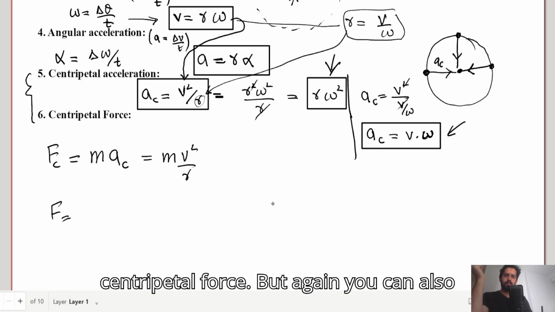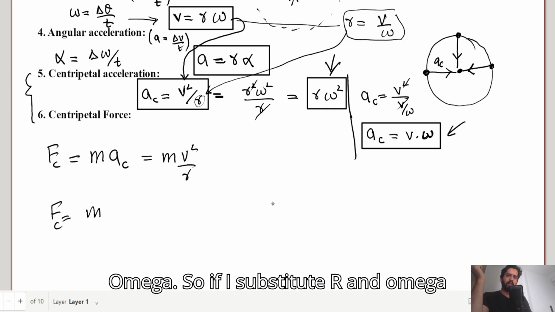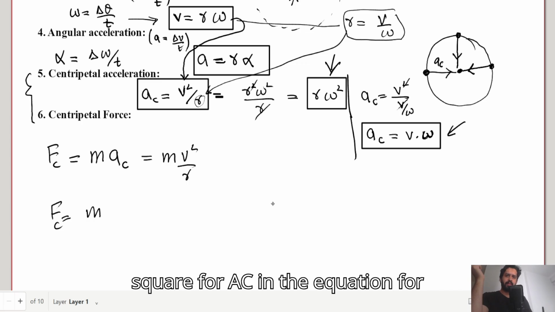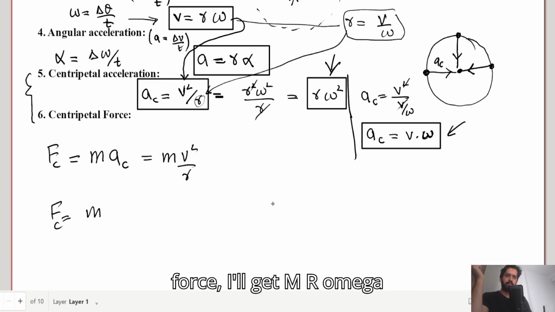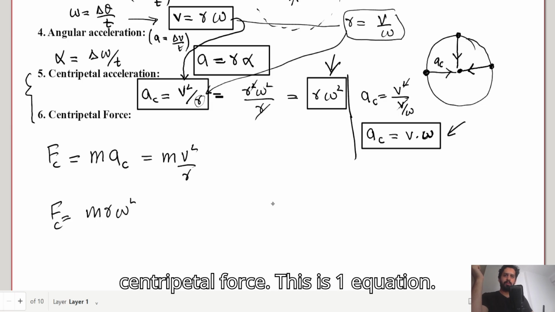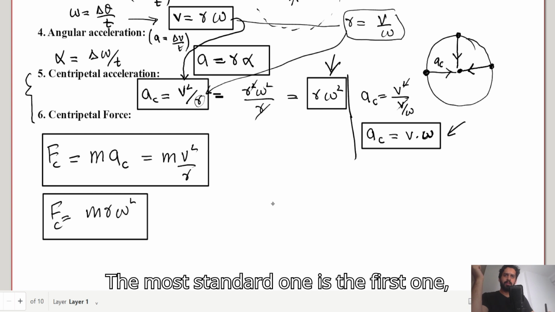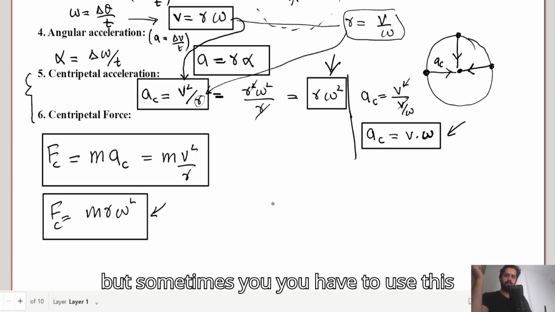But again, you can also write AC in terms of r and omega. So if I substitute r omega square for AC in the equation for force, I'll get m r omega square. So this is another equation for centripetal force. The most standard one is the first one, but sometimes you have to use this one.